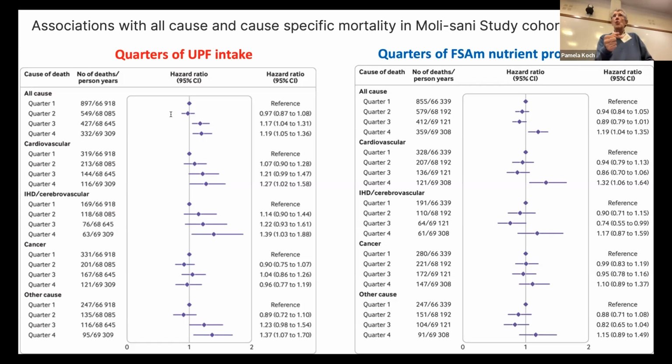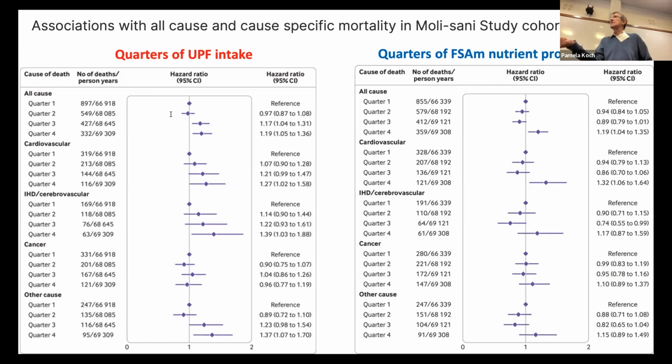But then they did more. They did another model where they put together the two exposures, the exposure to UPF and the exposure to this score that measures nutrient profile. And what they concluded was that the adjustment of the UPF intake association by this nutrient profile model doesn't change almost anything; it's the same thing that was found in the previous study.